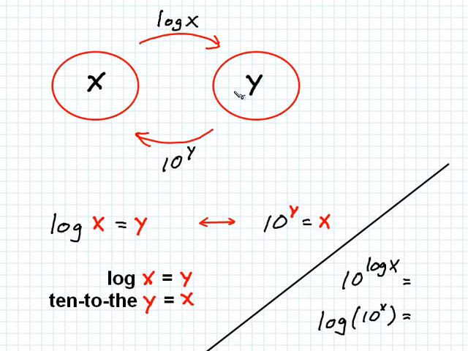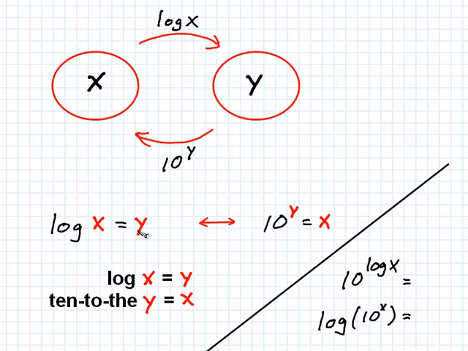Okay, so it's handy to have inverse operations. We've done it all along. When you add 2, the inverse operation is you subtract 2. When I double something, the inverse operation is you cut it in half. So taking the log of x to get y, or taking 10 to the y to get x, these are inverse operations.